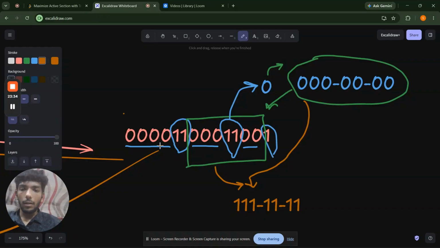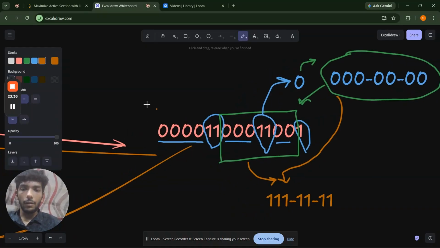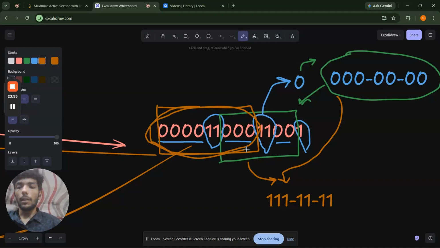So likewise, if this 1 1 was to be converted to zero, it would have formed 0 0 over here. And we would have converted this entire 0 block to 1. But later we realized that here there is no one.